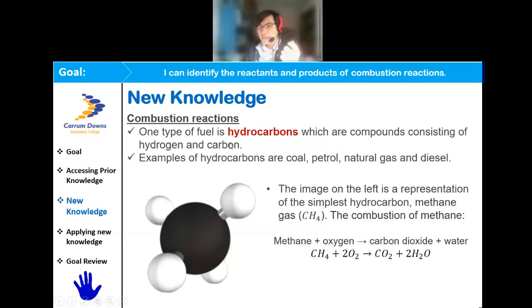Now one type of fuel is hydrocarbons. So they are compounds that are made up of hydrogen and carbon, right? Hydrocarbon. Now examples of hydrocarbons are coal, petrol, natural gas, and diesel. The important one that I would like you to write down for this slide, I would say, is the first one here. Okay, that one particularly.